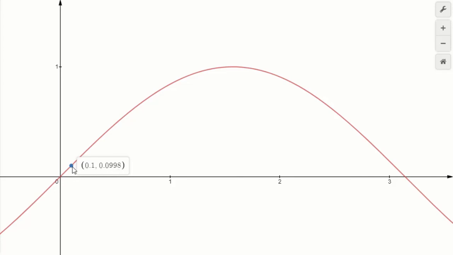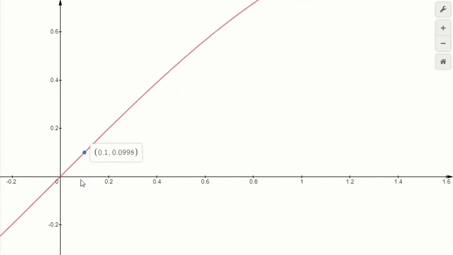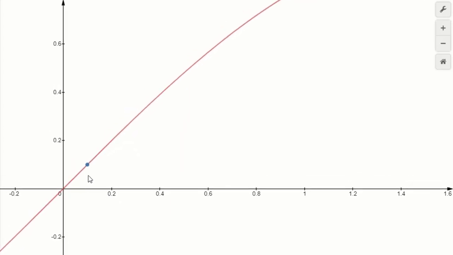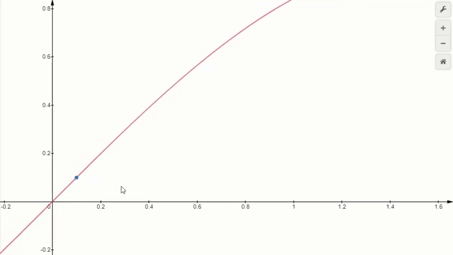That's the blue point. I really need to zoom in even further. So this is 0.1, halfway between 0 and 0.2, and our graph here is the sine function graph. I had to zoom in so much to get a good visual of the point. Again, this is 0.1 comma sine of 0.1.